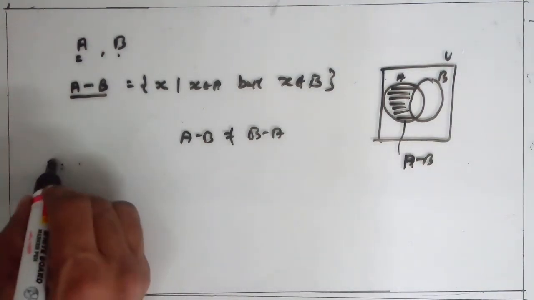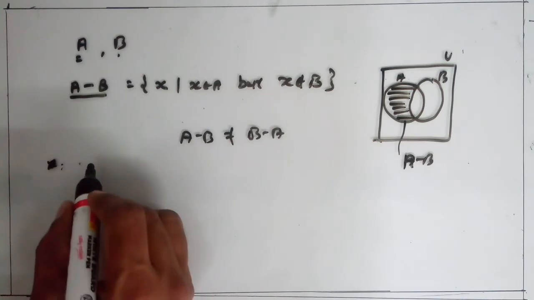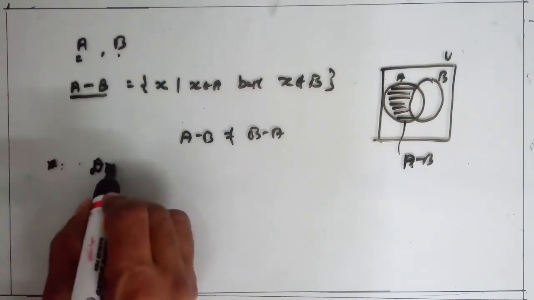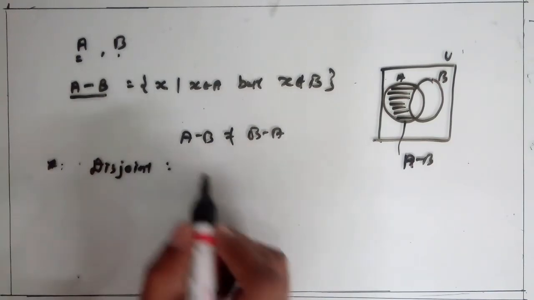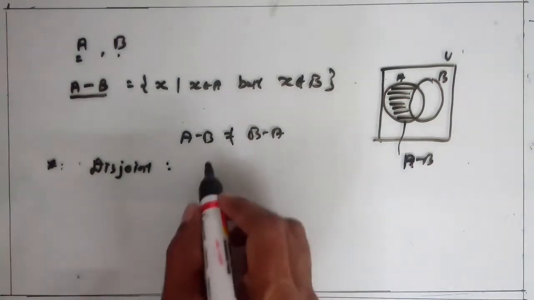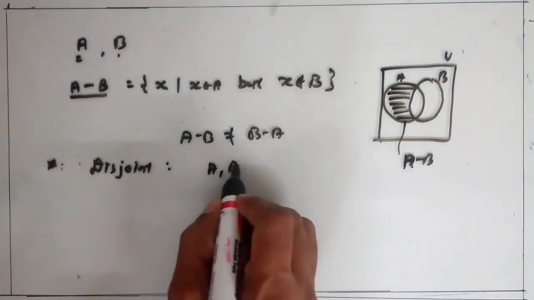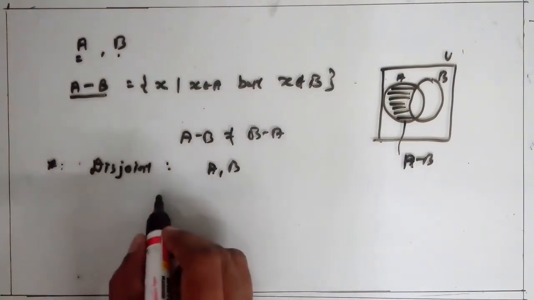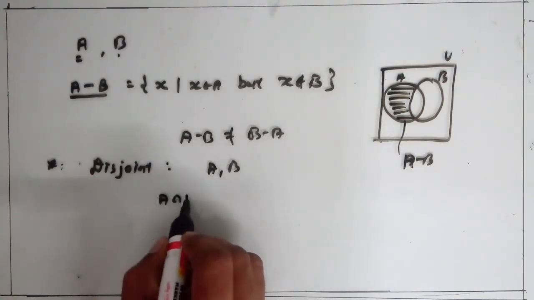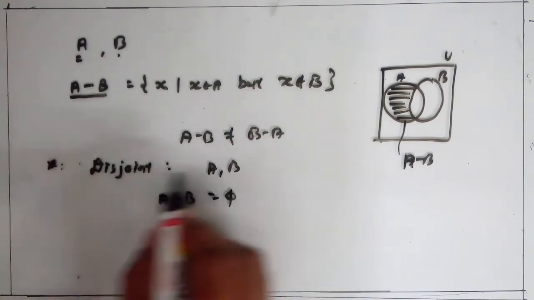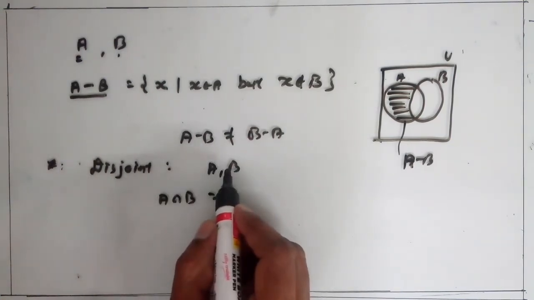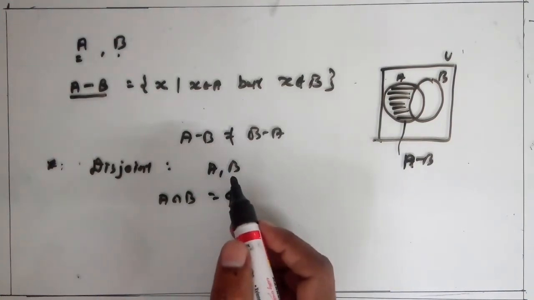Now, disjoint sets. Remember this, for two sets A and B, if A ∩ B is equal to the null set, then the given two sets A and B are said to be disjoint.